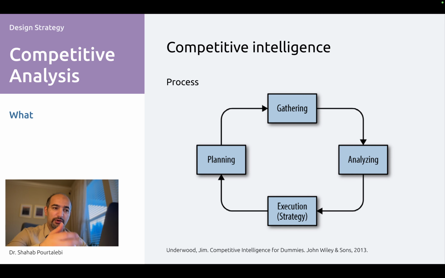So again, it's kind of a repetitive process, and the main reason to do so is that in each iteration we collect much more information. We try to monitor the market and see if a new competitor is coming into the market with a new idea. So that should be done continuously, basically.